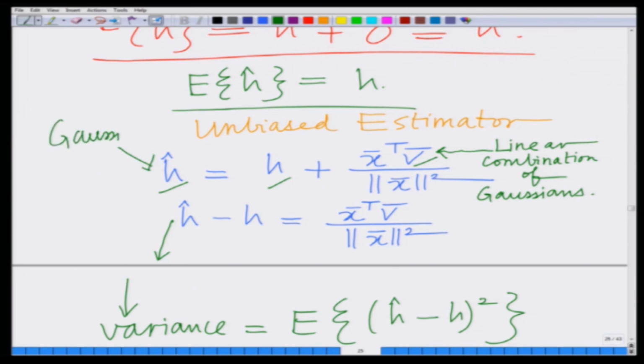That is, what is H hat? You can see H hat is basically this Gaussian x bar transpose V bar over norm x bar square, shifted by the mean, which is H. So, this is the mean of H hat. Therefore, it follows that H hat is in fact Gaussian.